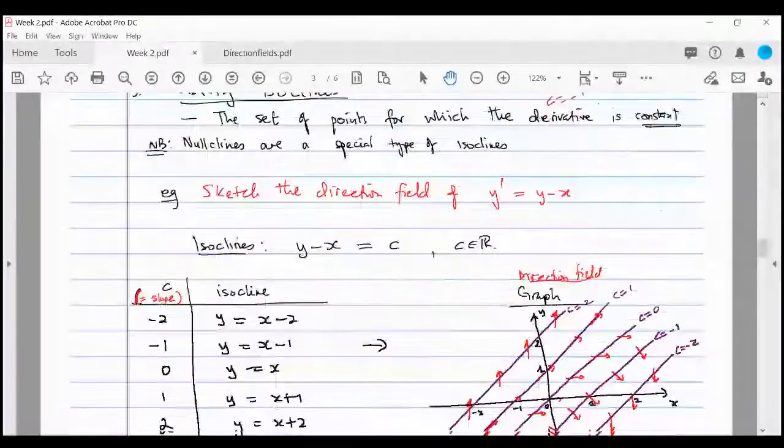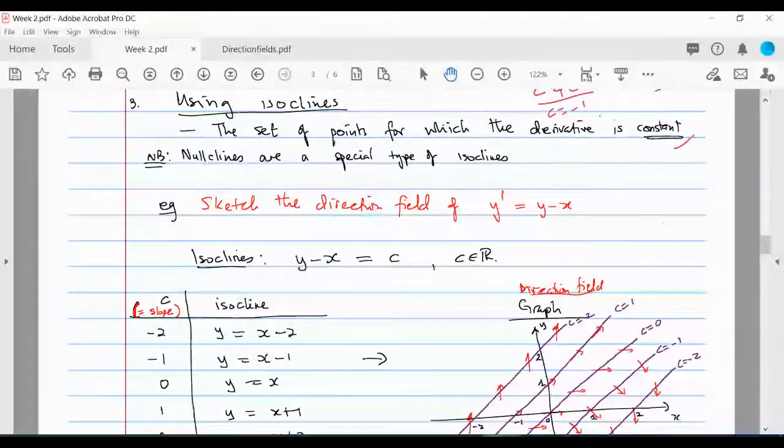Now let's go to isoclines. These are the set of points where the derivatives are constant. So the nuclines are actually a special type of isoclines. We are just saying f of x, y, remember with dy/dx equal to 0, so f of x, y should just be equated to a constant value c. And of course, c is an element of the real numbers, which means it can take any value: 0, 1, 2, minus 1, and even decimals.